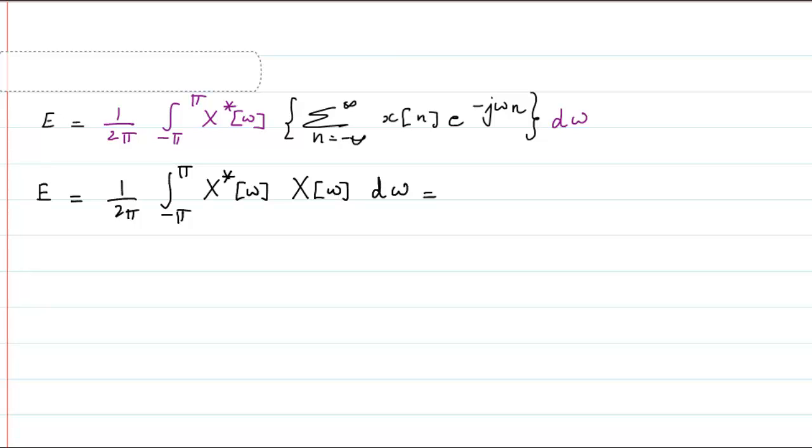Now what is the multiplication of the conjugate with itself? It is the magnitude square. So I will write this as 1 by 2 pi integral minus pi to plus pi magnitude of x of omega square d omega, which is basically the right hand side of our equation from where we started. So this is also proved.